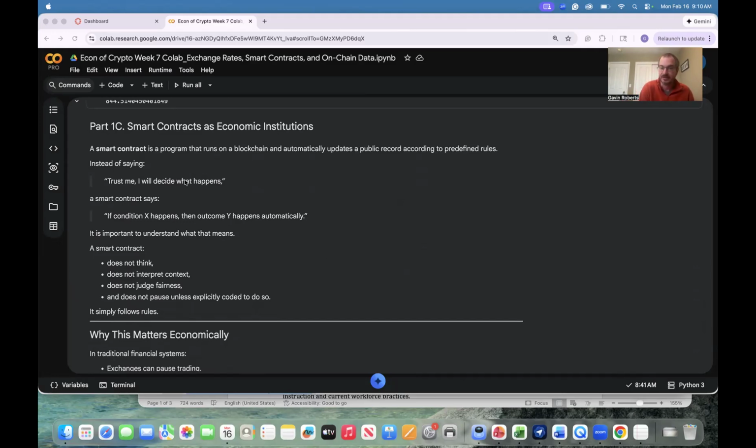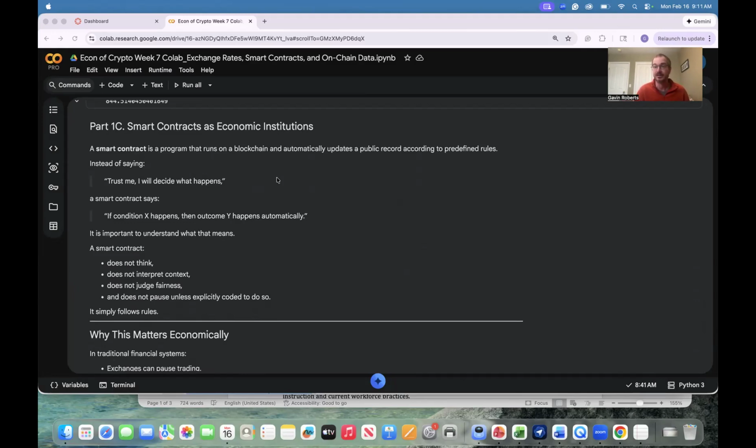And a smart contract essentially is a new type of financial institution. It could be more broad than finance, but essentially it's a computer program that runs on a blockchain. And that already is important given what you know about blockchains, because blockchains are tamper evident. They cause things to happen automatically.